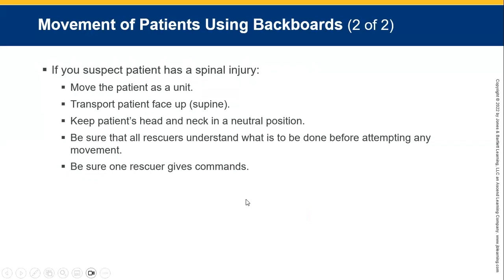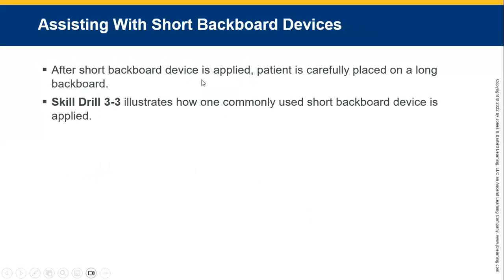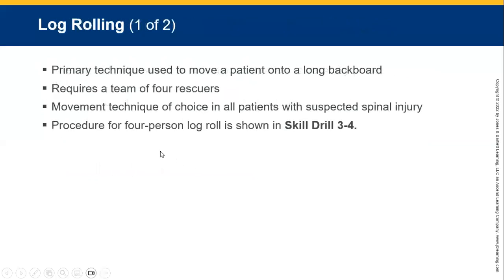Okay, one rescuer gives commands, the one at the head, the one in charge. Okay, backboards or things like that. Now, with a backboard and that type of thing, we need to use a log roll. Log rolls are always directed by the rescuer at the head, the rescuer in charge.